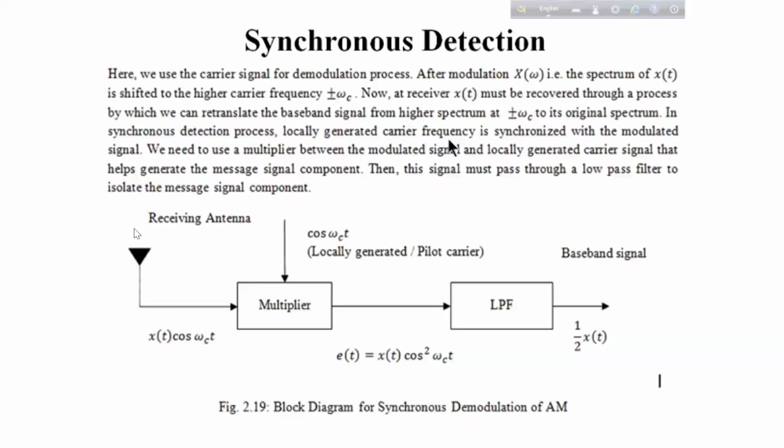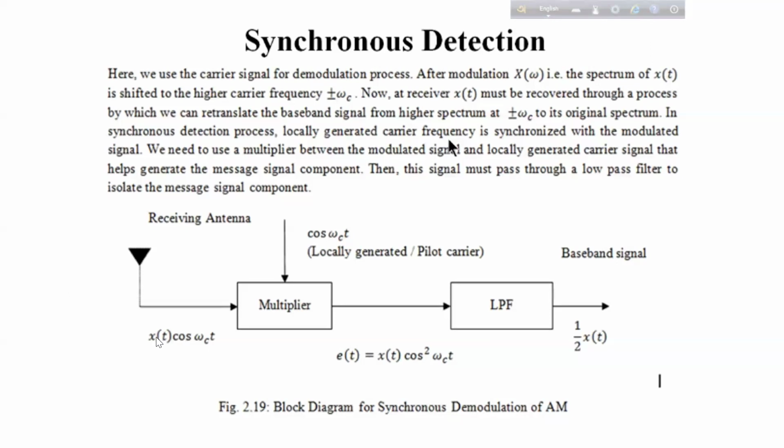This is the receiving antenna, and from it we receive the modulated signal. This modulated signal is x(t) cos omega_c t, where x(t) is the message signal and cos omega_c t is the carrier part.